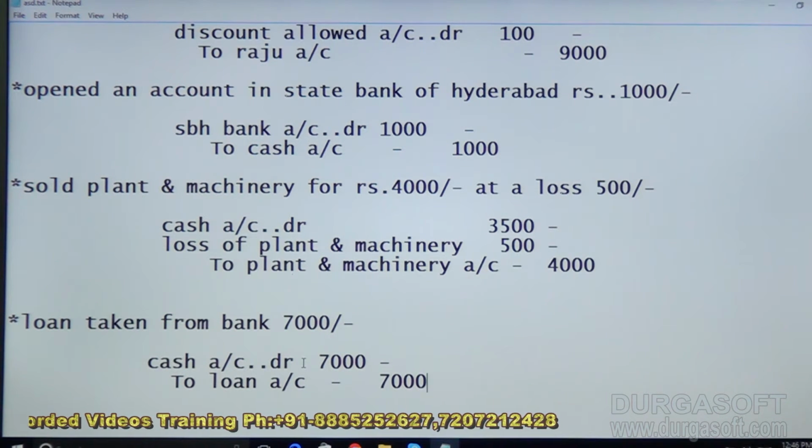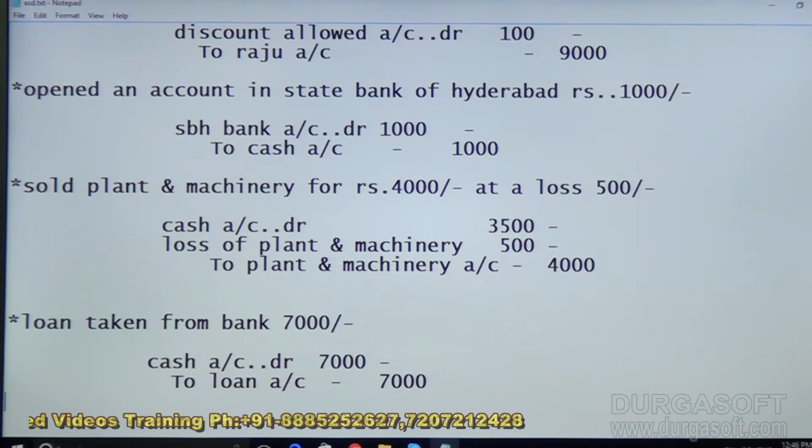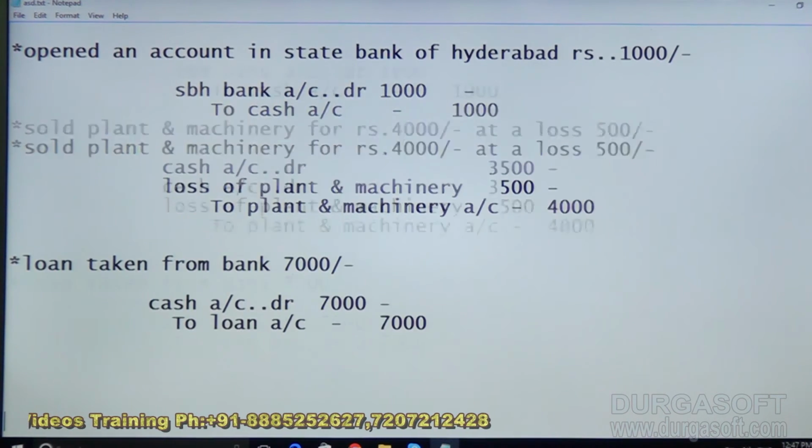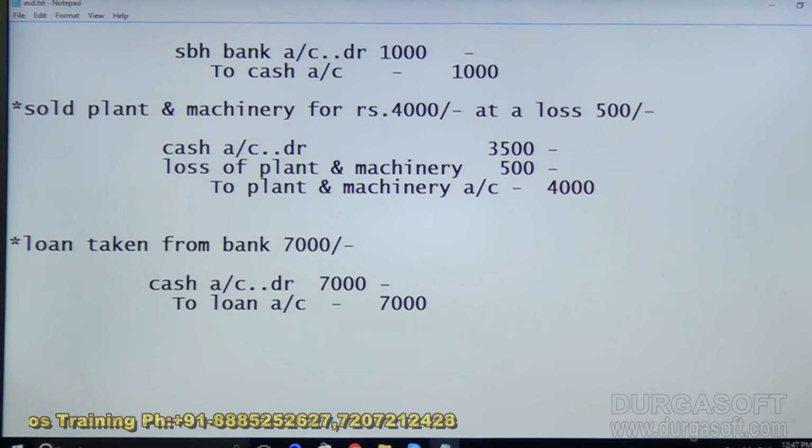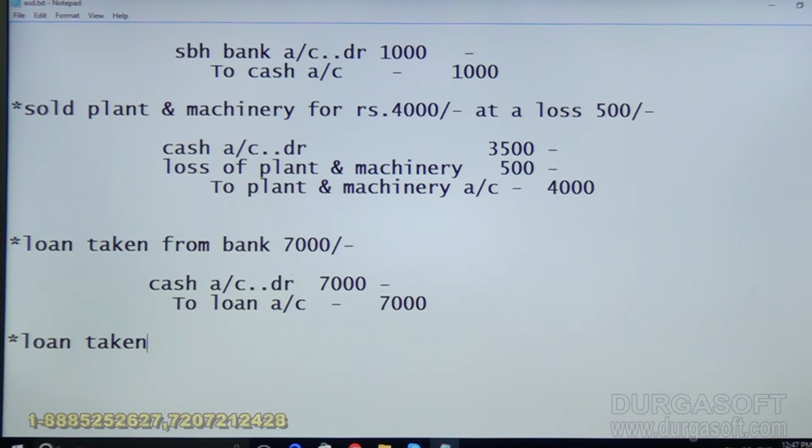This is the entry. For example, if you are receiving the amount through a bank loan, for example, loan taken from Andhra Bank.